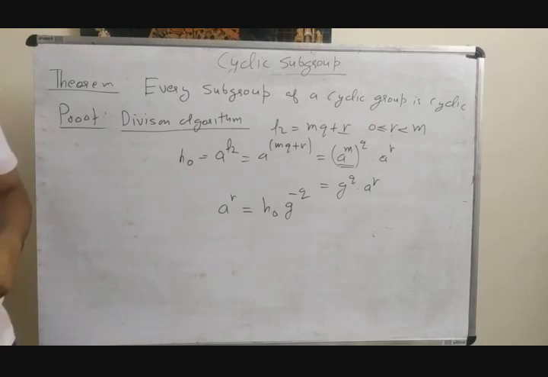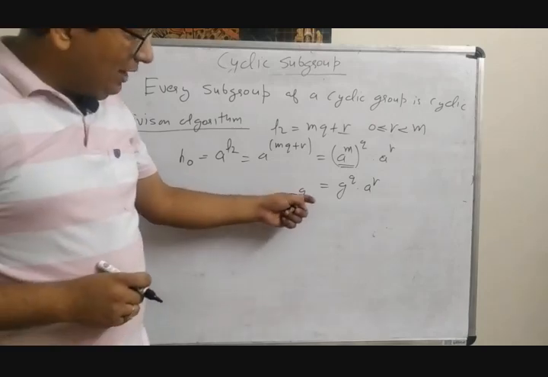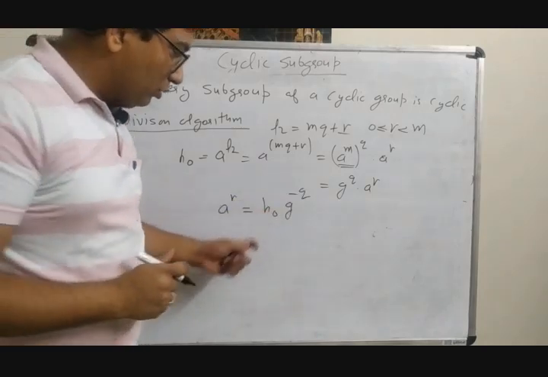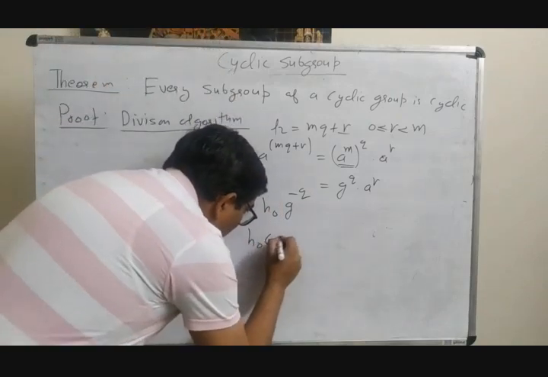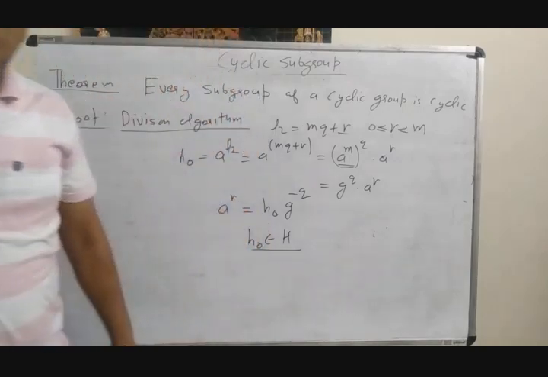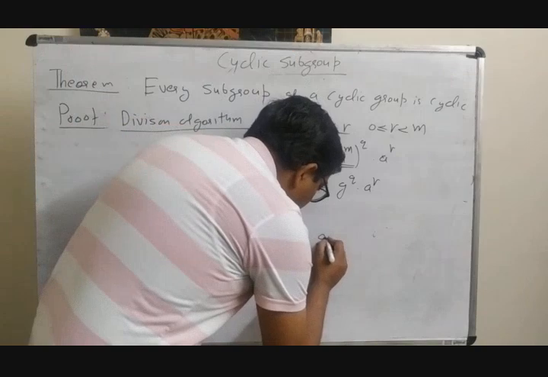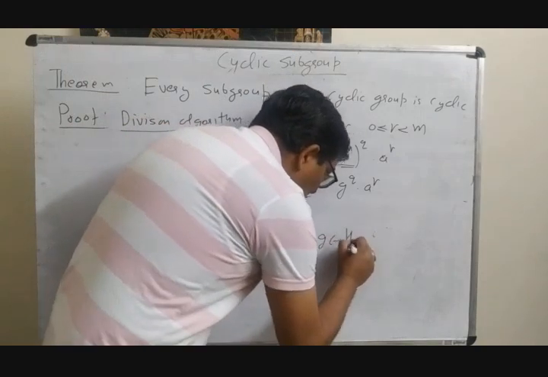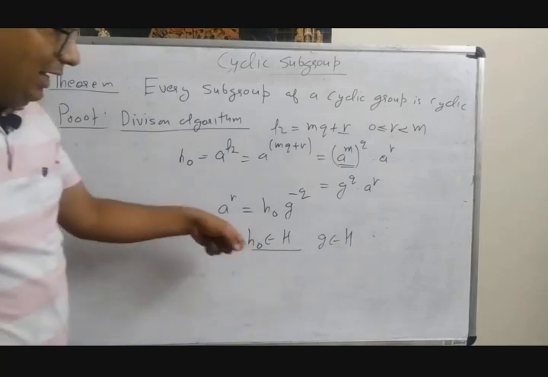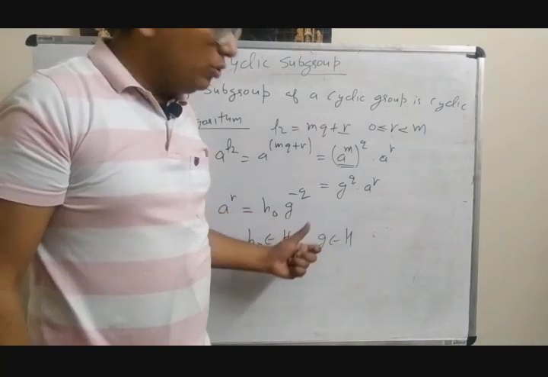Now, this g raised to power minus q and h naught. We know that this h naught belongs to H. We have taken h naught belongs to H. And we also know that g belongs to H, and H is a subgroup also. So what does it mean?